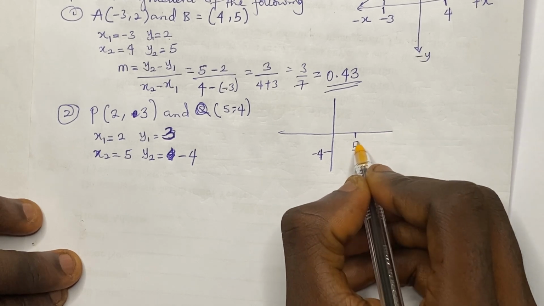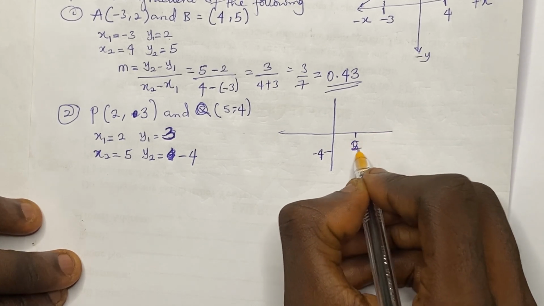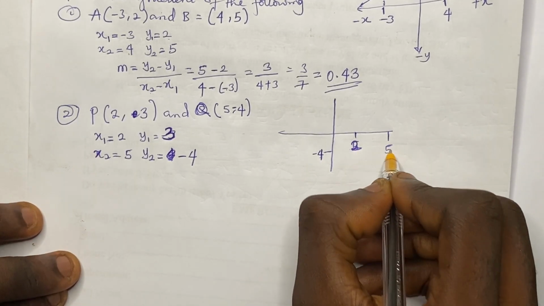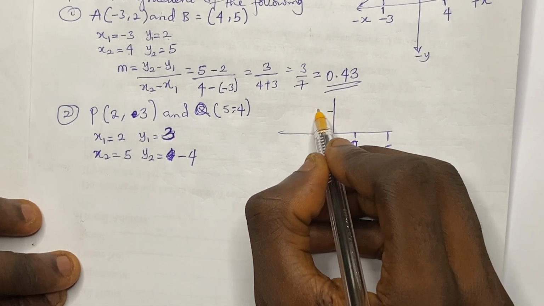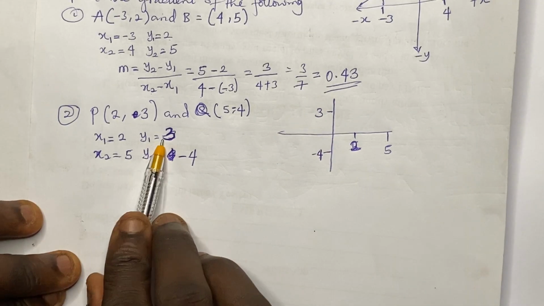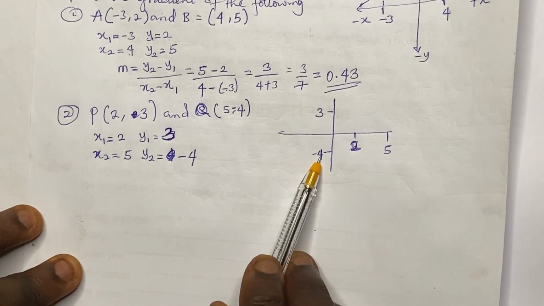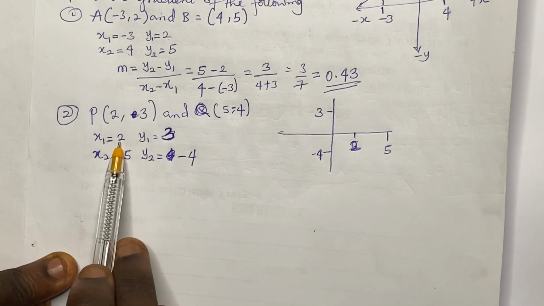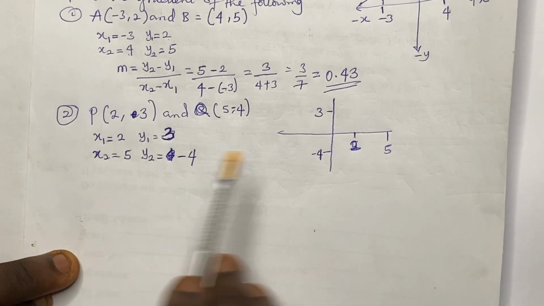Our x2, we have 5. We have 2 first, and then we have 5 second. That's x1 and x2. And then here we have 3. Our y1 is 3, our y2 is minus 4. Our x1 is positive 2, our x2 is 5.